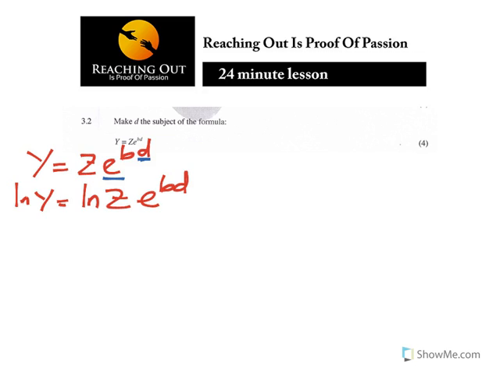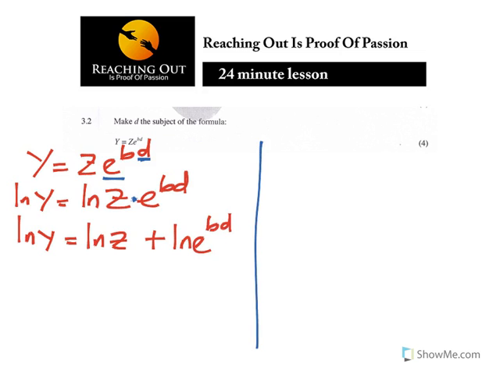Now remember, this is the same as the laws of logarithms. There is a multiplication sign between z and e. When numbers are multiplying in logarithms or in ln, you add. So you've got ln y is equal to ln z plus ln e to the bd. Let me also create a bit of space. Our aim, remember, is to find d.